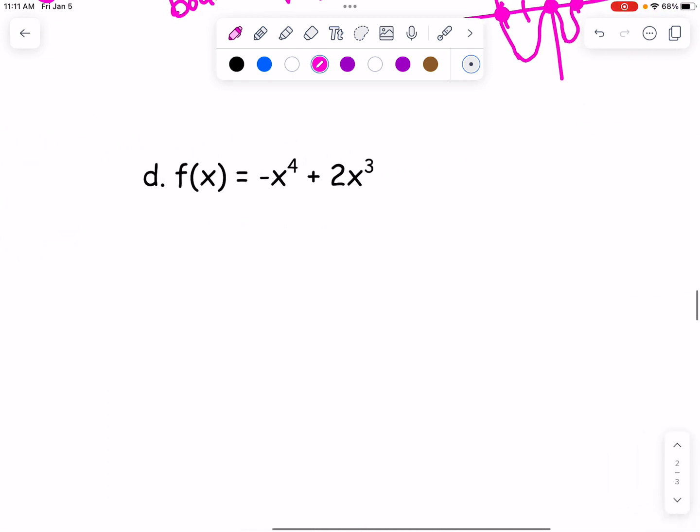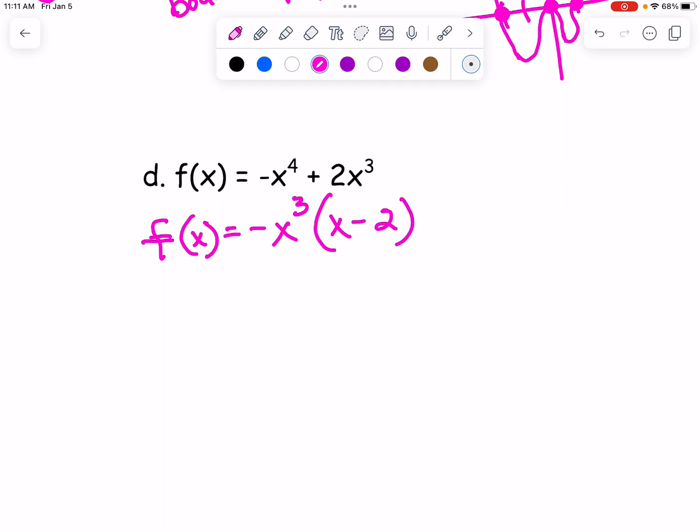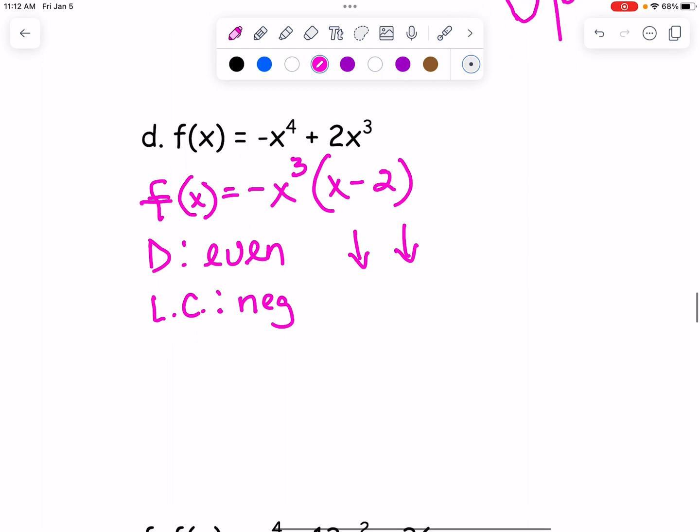I'm going to take out my x cubed. I need my negative. I need to take that out as well. So this would be negative x cubed, x minus 2. This degree is even, and the leading coefficient is negative. So that means that my ends are going to both be facing down.